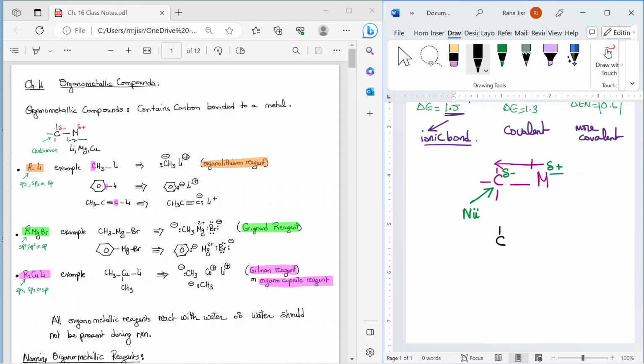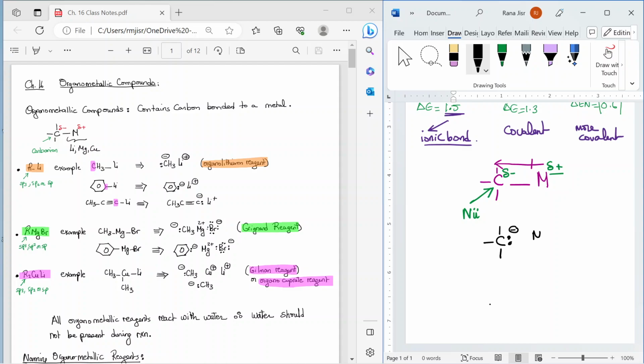We know that a carbon, to have a negative charge, needs to have 3 bonds and a lone pair. The total number of bonds needs to be 3. So you can have a triple bond, or you can have a double bond and a single bond, but the total number of bonds needs to be 3.